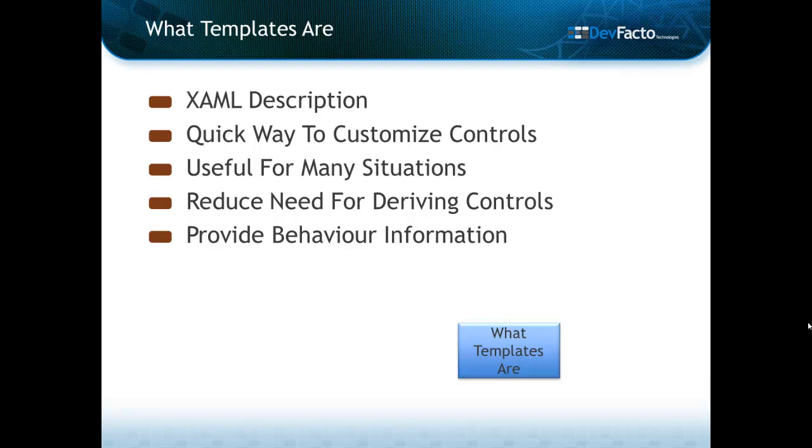Storyboards, Visual State Manager, that's outside of the scope of this. But that would be the kind of stuff that you could do with triggers. And again, if you're using MVVM, it's great because you get to store all your visual information in the UI, in the XAML, with no having to mess around with your view model to control visibilities or actions or anything like that.